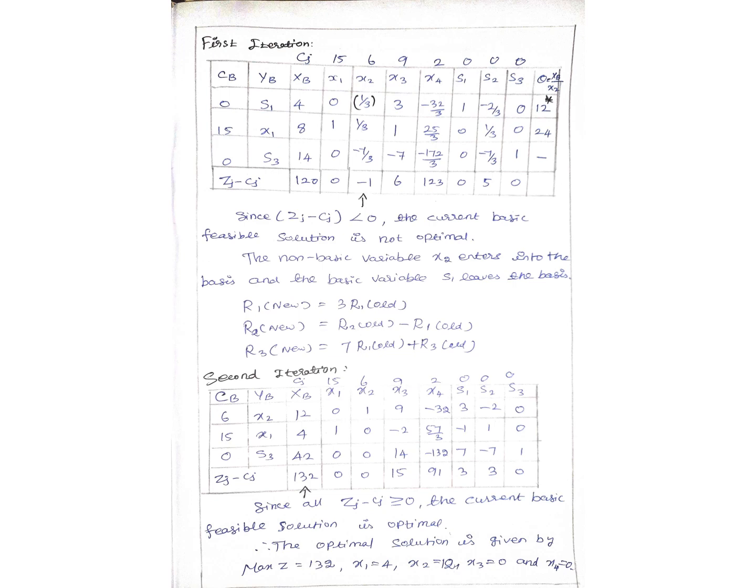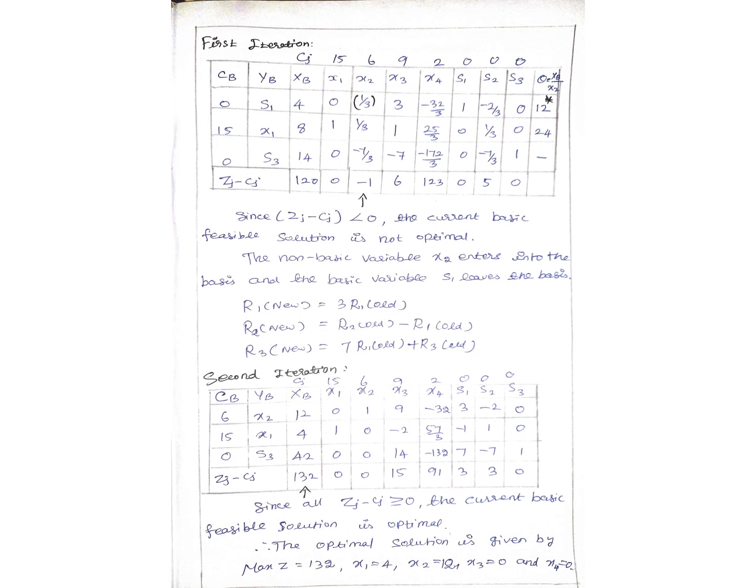So here we have to frame the second iteration table. Here yb. So here x2 enters into the basis, along with x1 and x3 variables. Next one, the cb column, that is the coefficients of these variables.